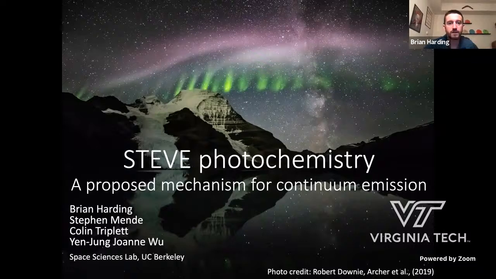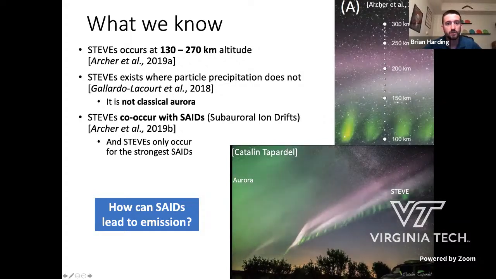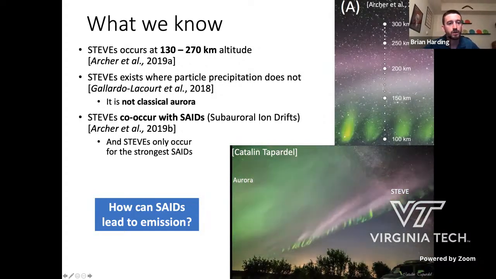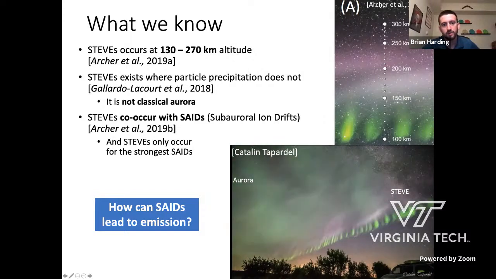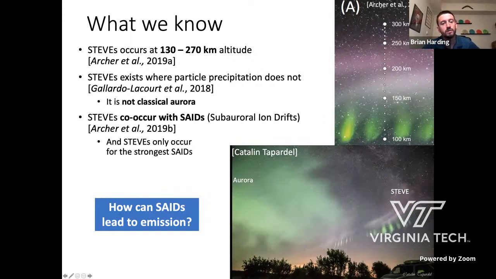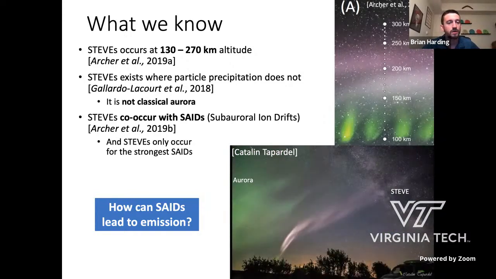So we've learned a lot observationally, as we just heard. I just want to focus on three things for this talk. One is the altitude. Bill Archer showed in his paper that Steve occurs above 130 kilometers. That's a bit above most of the normal chemically induced airglow, although of course not all airglow.